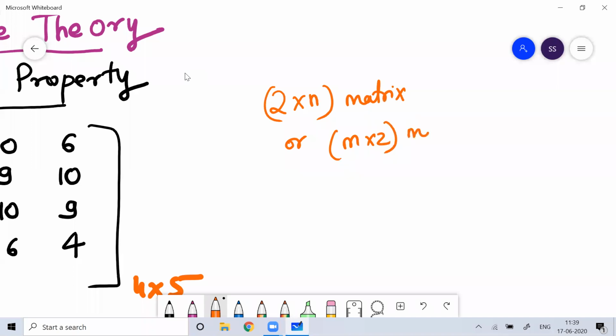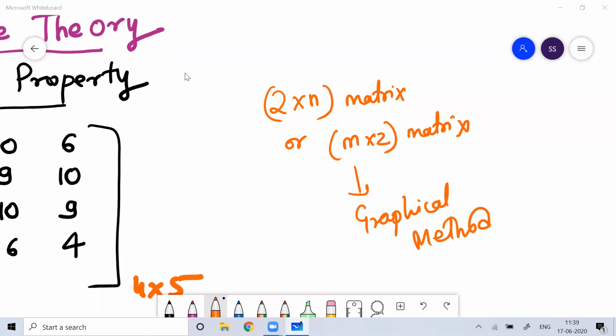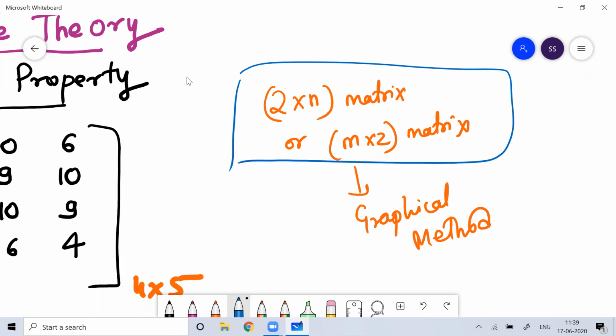So if the given matrix is 2 into n or m into 2, then you can solve that problem by using a graphical method.